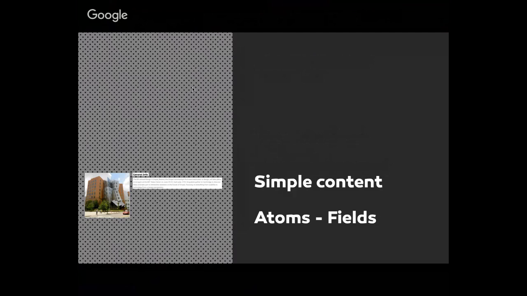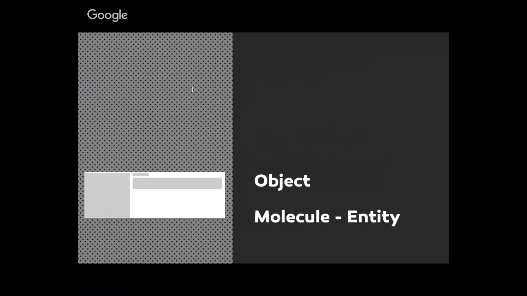Simple content is just fields in our Drupal system. In terms of atomic design, these are atoms. So these are pieces of content which can construct more complex structures, kind of objects. So objects can be represented as molecules in the Drupal world, with this kind of entities throughout our website.